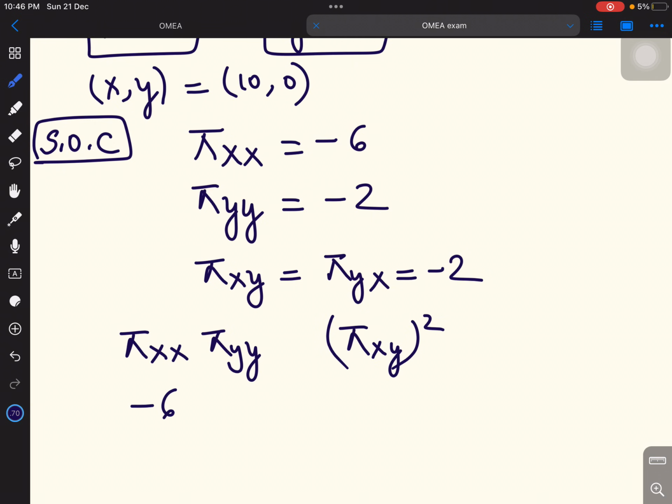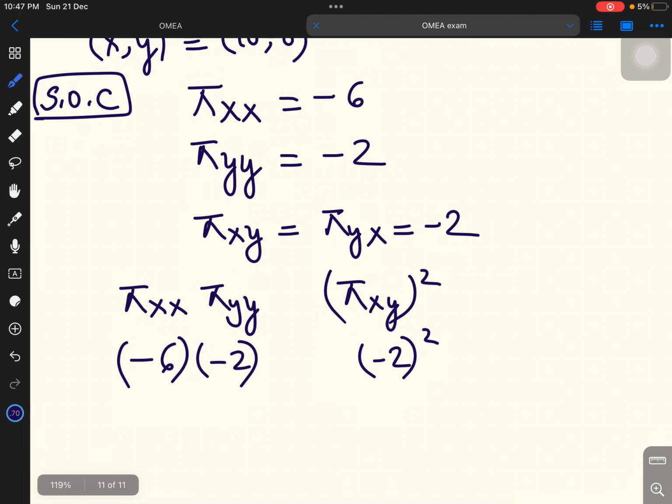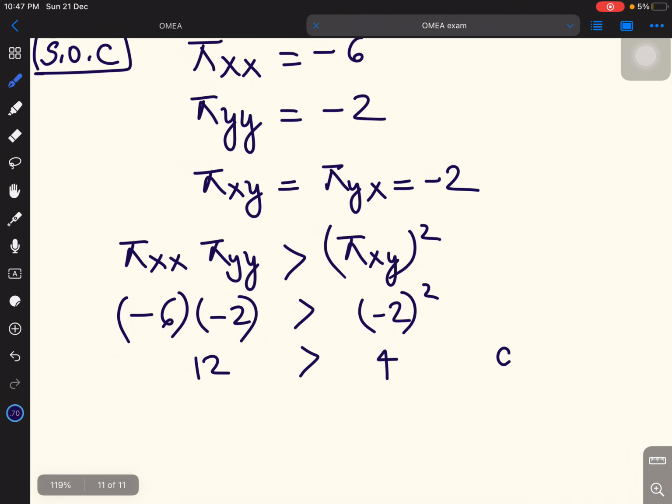So this is minus 6 times minus 2, and this is minus 2 whole square. So this is 12 and this is 4. So this is greater than 0. So if pi xx pi yy is greater than pi xy square, this is a case of maxima.